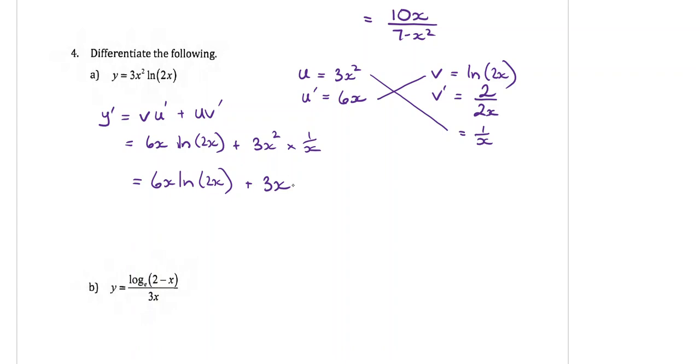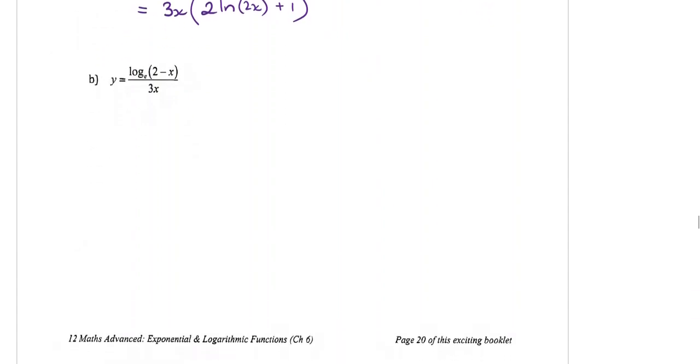You could factorize if you wanted to. You don't have to, but you could factorize a 3x out of that to get 2 ln of 2x plus 1. Yes. Good. Question B.